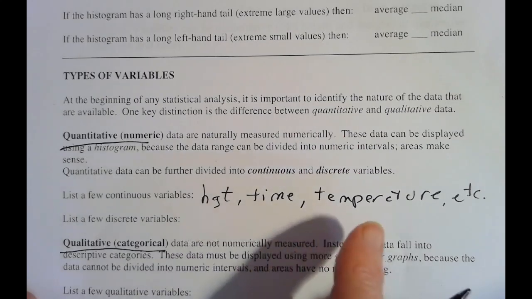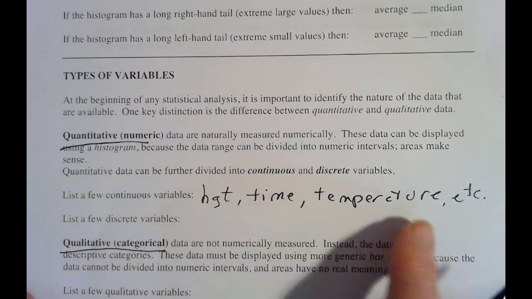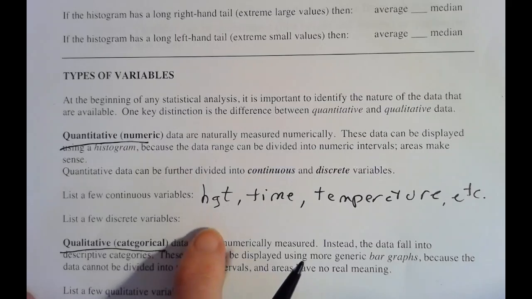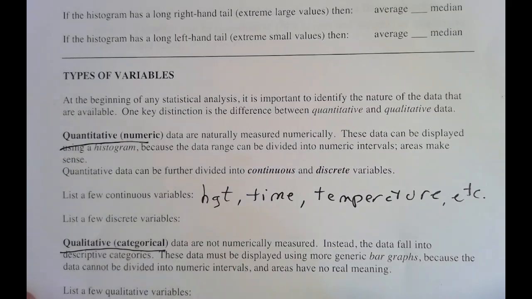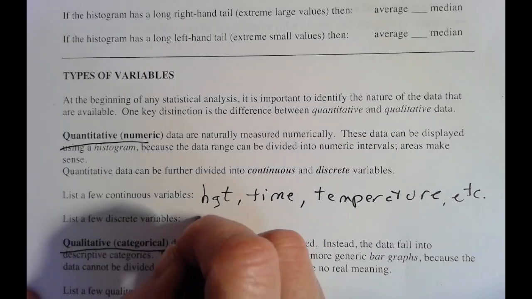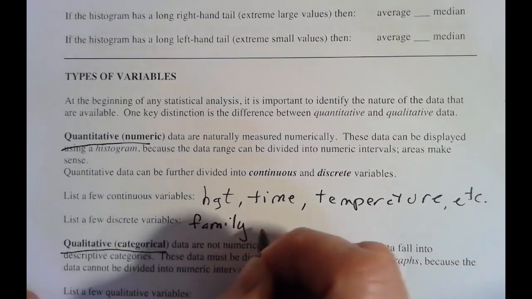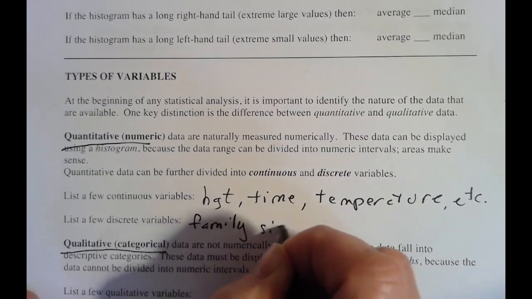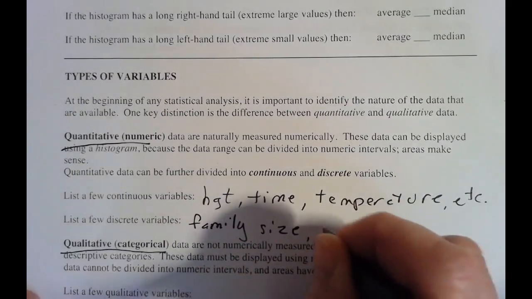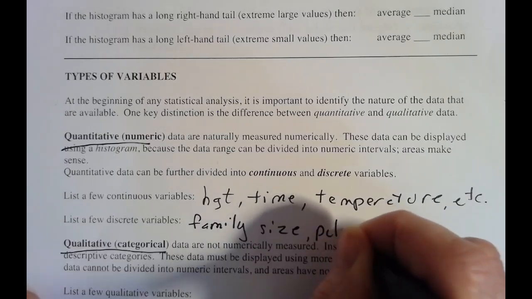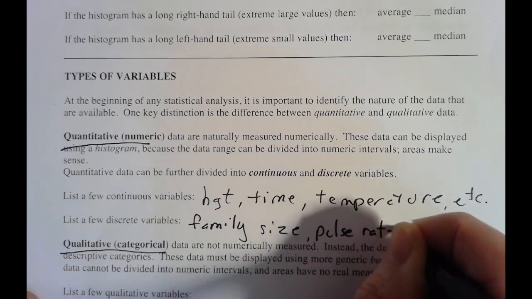So it's completely continuous. There's no breaks in it. Whereas discrete variables have breaks or units, like something like family size. Anything that's countable would be discrete. Or pulse rate, you're counting your heartbeats per minute, etc.